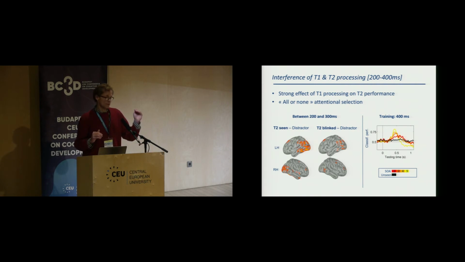When the SOA gets shorter, then the decoding performance gets lower, but gets longer in time. So it's like there is an effect of diffuse mental representation during this time period for the target, which may explain this psychological refractory period where there is a delay in processing T2.